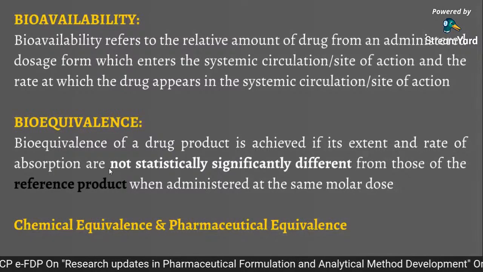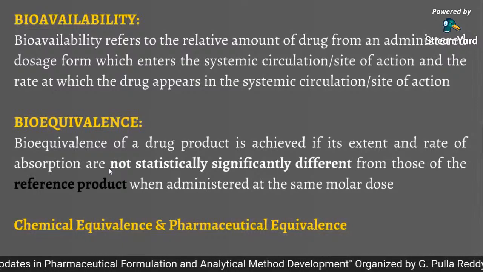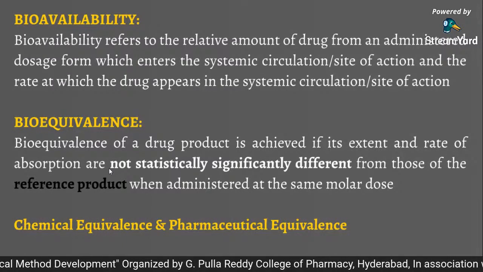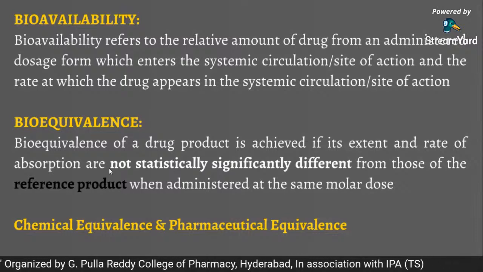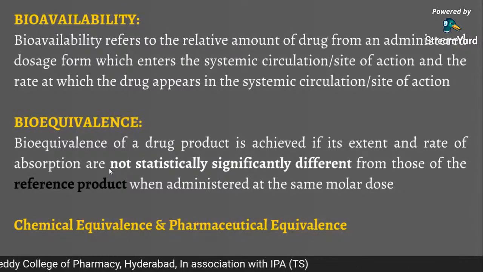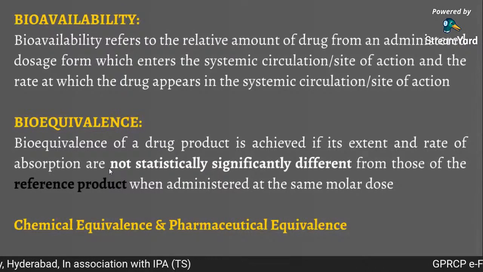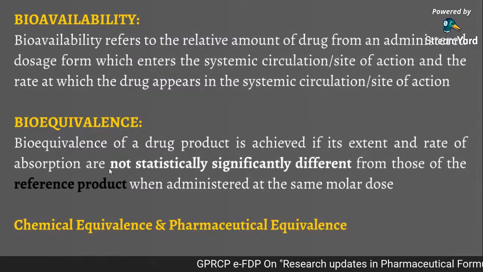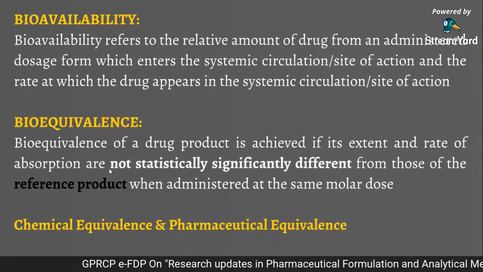When they are chemically equivalent, the next part is pharmaceutical equivalence. If the innovator formulation is a tablet, your formulation should also be a tablet. If it is a capsule, yours should also be a capsule. If the innovator is administered by the oral route, yours should also be oral.